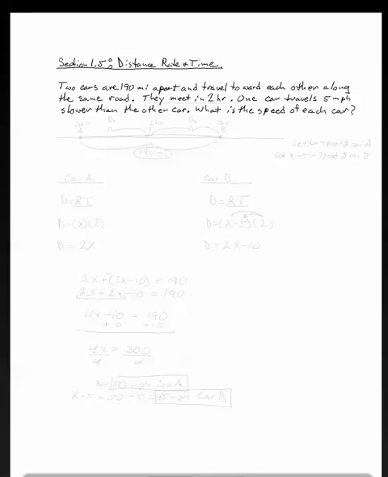So once again, with distance, rate, and time problems, it's helpful to draw a sketch. So if this is my road, here I'll call car A, and say here is car B. Now remember, it said they're traveling towards each other.